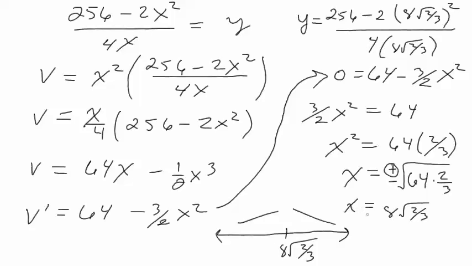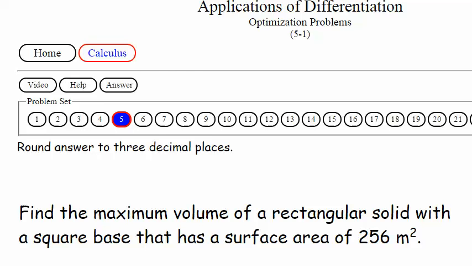Make sure. Well, let's see. What is x anyway? We're approximating that, aren't we? So 8 times the square root of 2/3 is 6.5319. So x is approximately, I forgot what it was, round to 3 decimal places.